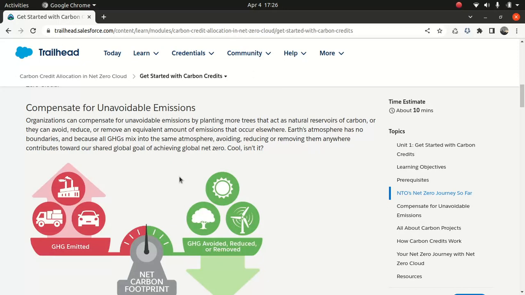Because obviously, if you are a company emitting CO2 or other stuff into the atmosphere, and for whatever reason you can't reduce it, you need to get involved in another way so that it gets offset, right?